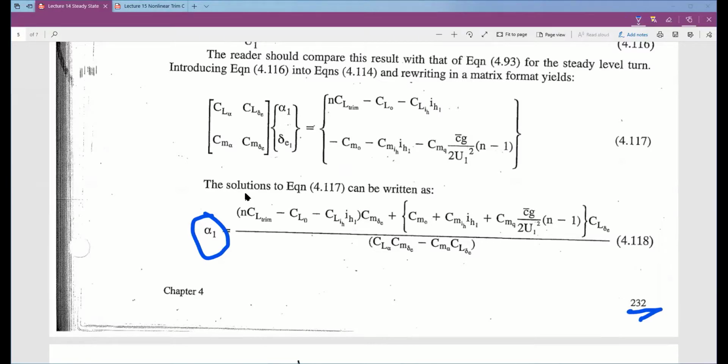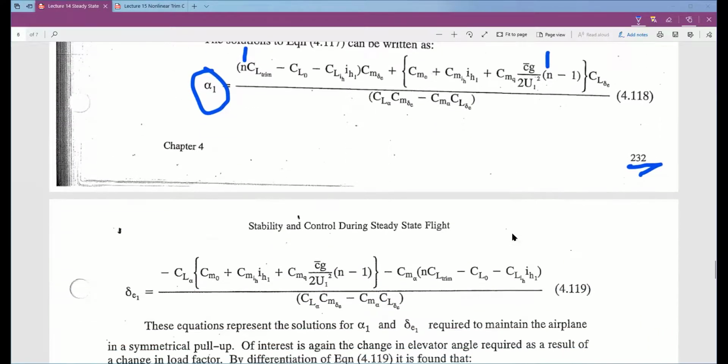Notice that load factor shows up in here and in here. If you're doing cruise flight, load factor is 1, so this term drops out. Make sure that it makes sense because there's no Q. This term becomes CL trim, which is the steady state cruise CL for rectilinear flight. So that makes sense. So you can actually plug in n equal to 1 in this or the turning equations, and you get the rectilinear flight cruise.